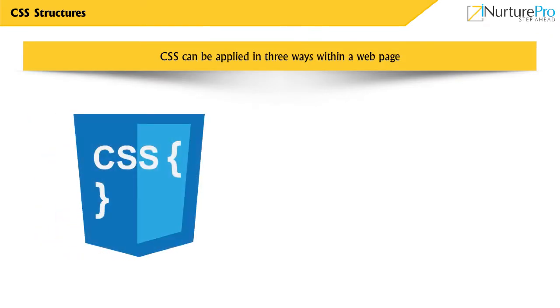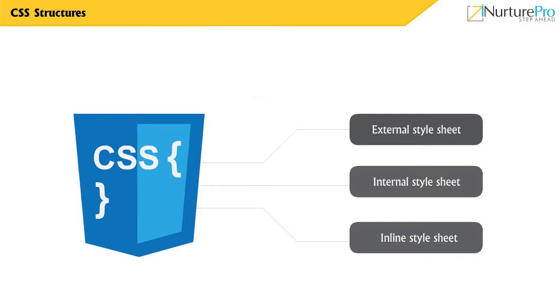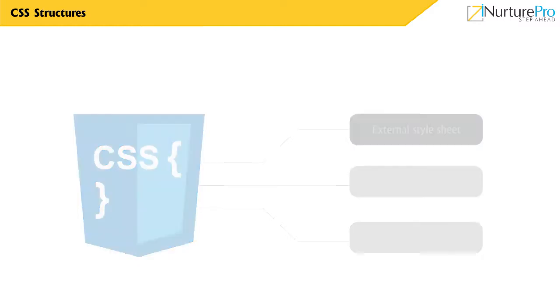CSS can be applied in three ways within a web page: external style sheet, internal style sheet and inline style sheet. An external style sheet affects the look of an entire website. Any change you make to the external style sheet impacts all the pages of the website.